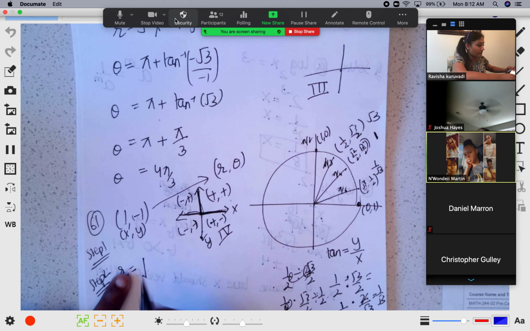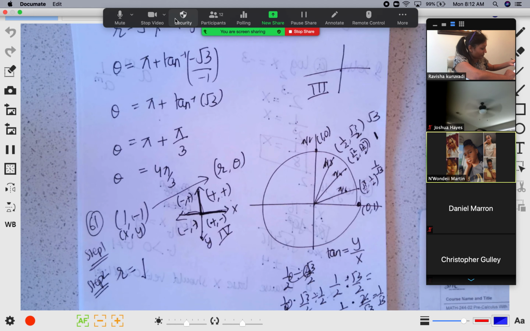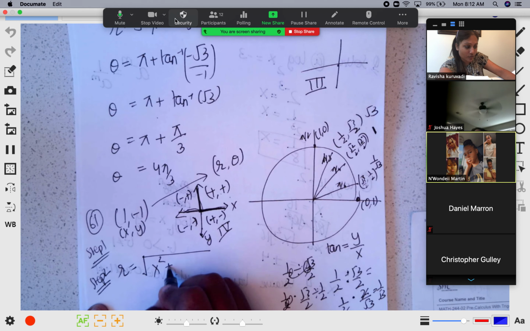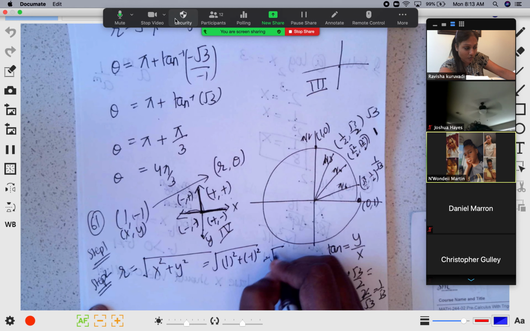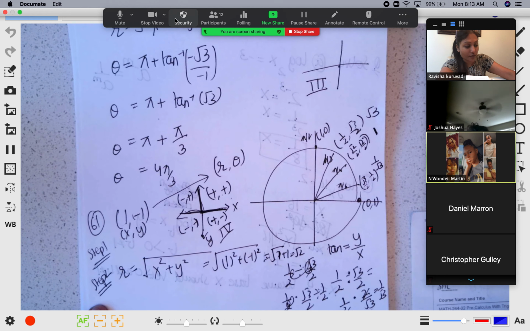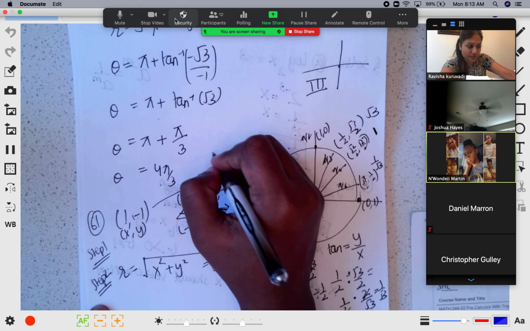R equals the square root of X squared plus Y squared. And what's your X and what's your Y? X is 1 and Y is -1. So when you solve this, you get the square root of 1 plus 1, which is the square root of 2. You found your R as square root of 2.